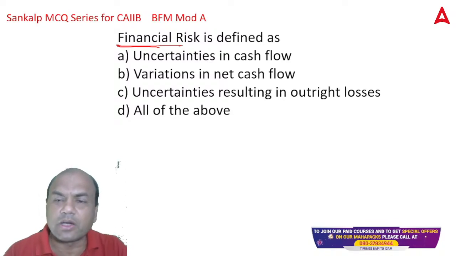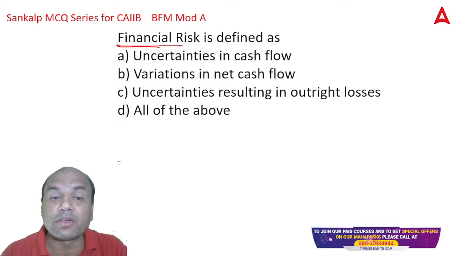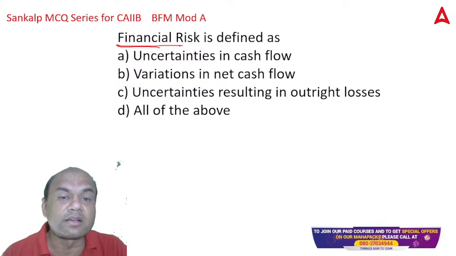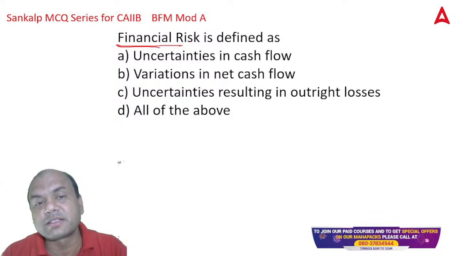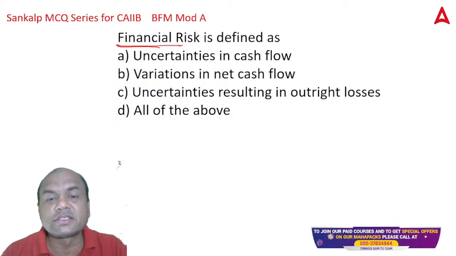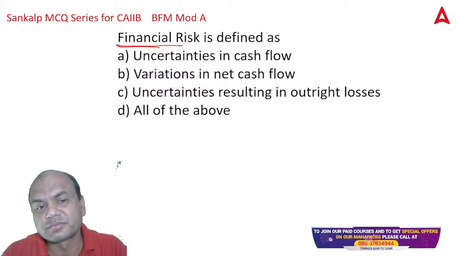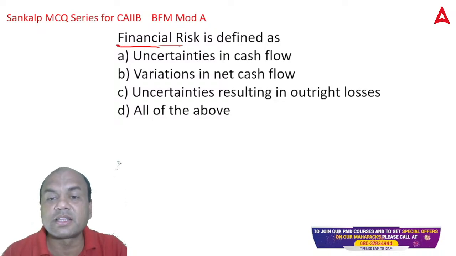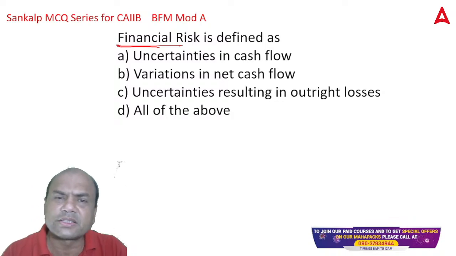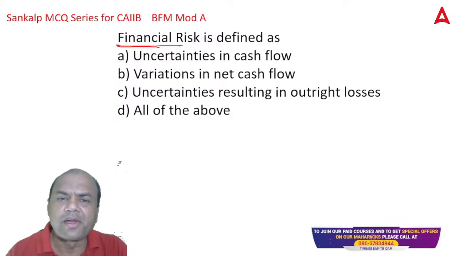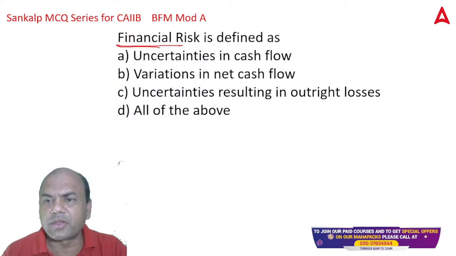Simple one. Let me see how many of you are right over here. Let me see your answers first. Uncertainties in the cash flow. Is it a financial risk? Variations in the net cash flow. Uncertainties resulting in the outright losses. Which one is the correct one? What do you think? Let me see. How many of you have typed this? Is it A, B, C or D?